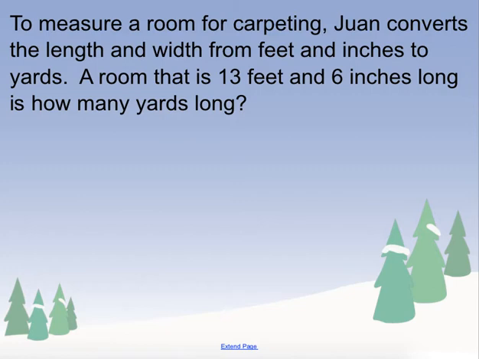And last example, we have a room that we want to carpet, and we know that the length is 13 feet and 6 inches. I want to know how many yards that is. First, I'm going to convert this into feet, and I know that 6 inches is half of a foot, or 0.5 of a foot. So I actually have 13.5 feet.